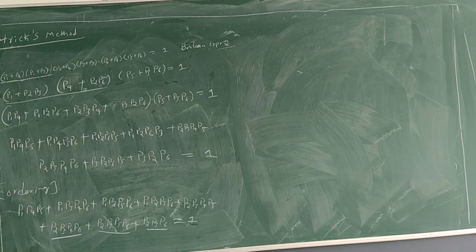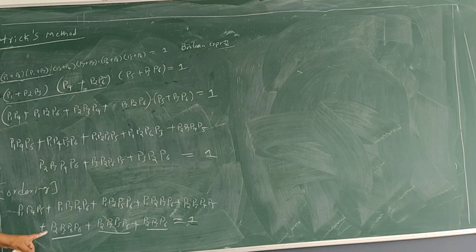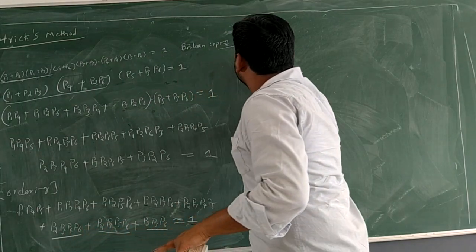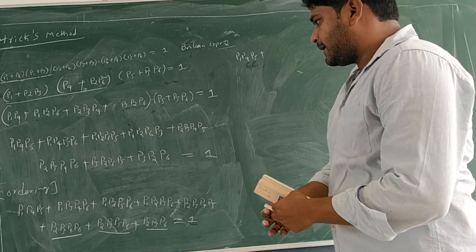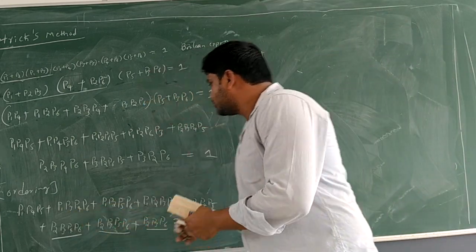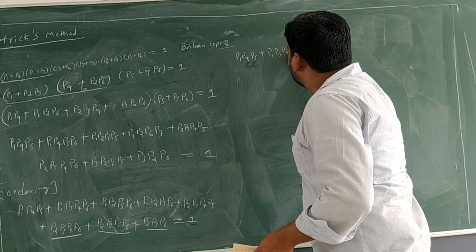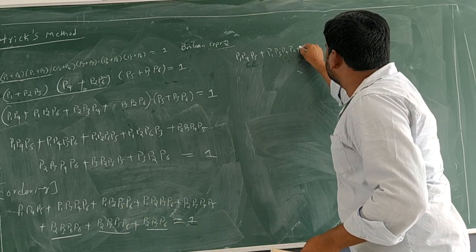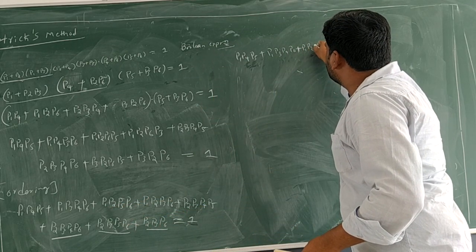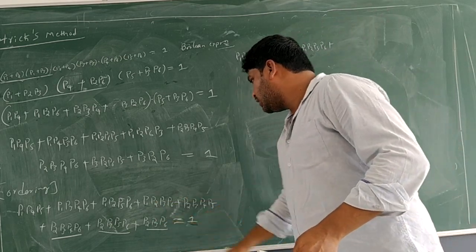So 2 3 6 we can take as common. 2 3 6, can you find out? 2 3 6, so P1 P4 P5 plus 1 3 4 6, P1 P3 P4 P6, 1 2 5 6, 1 2 5 6, 1 2 3 6.